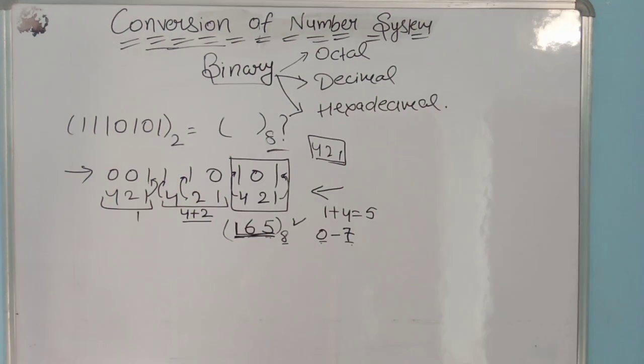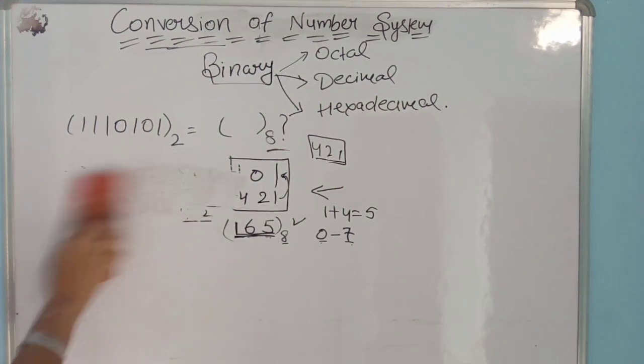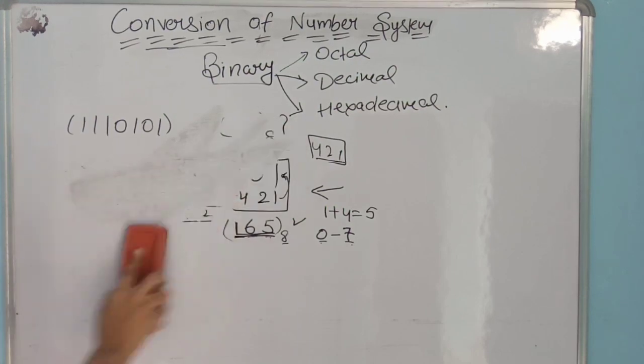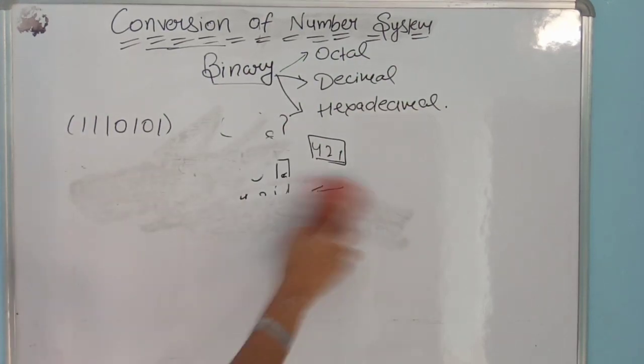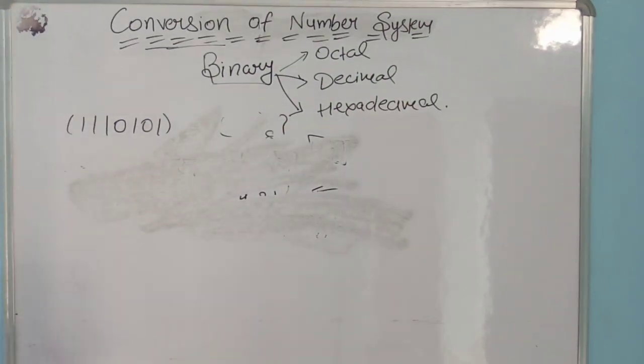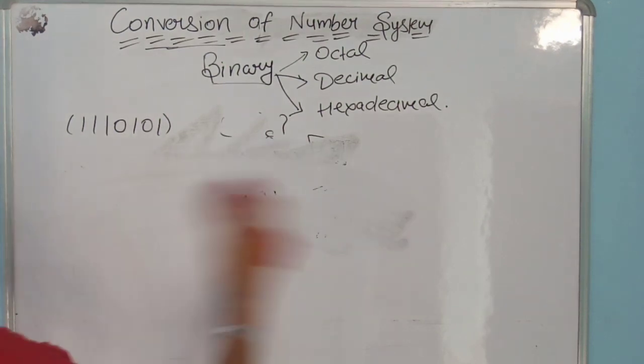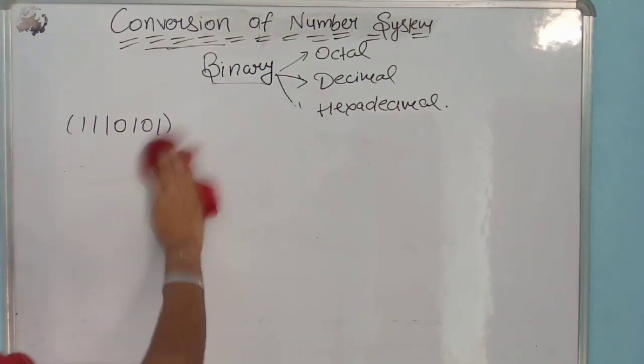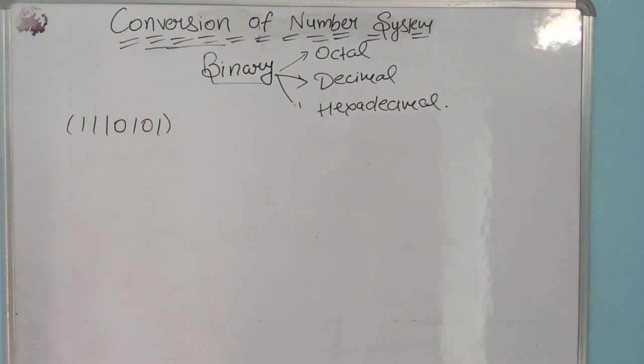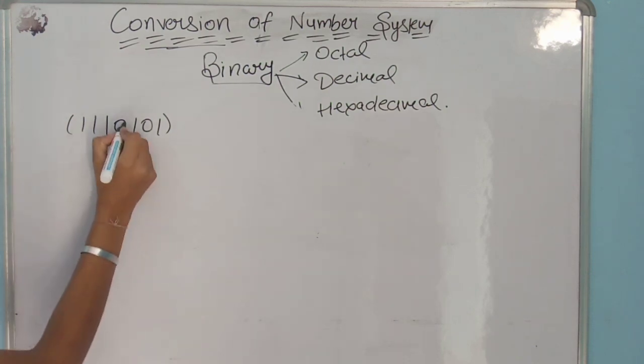Okay, so now we learn about conversion with a decimal point. For example, this number contains a decimal point.